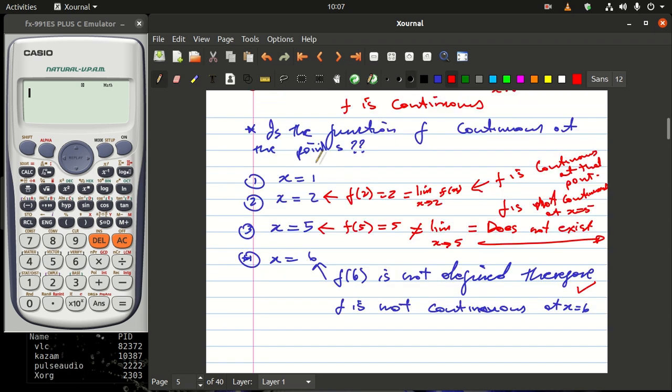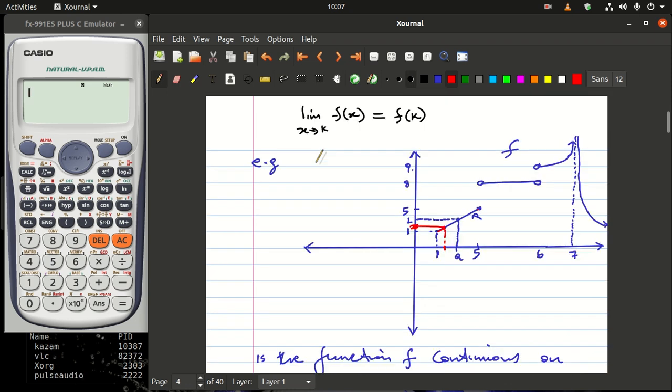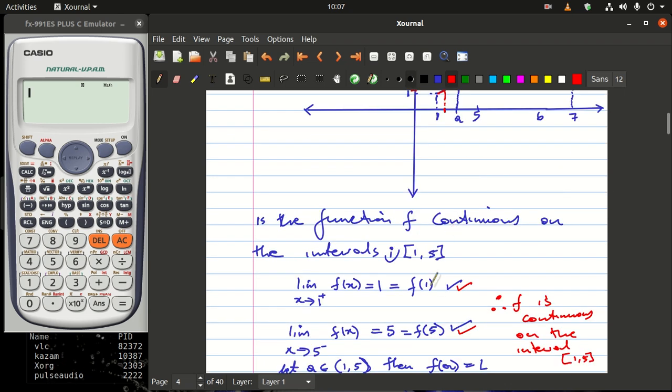And if you look at x is equal to 1 here, I'm just going to say this in words. I want you to note this. When we were doing this earlier, we only looked at x is equal to 1, but on the right of 1, because there was nothing on the left, because we were dealing with the interval.